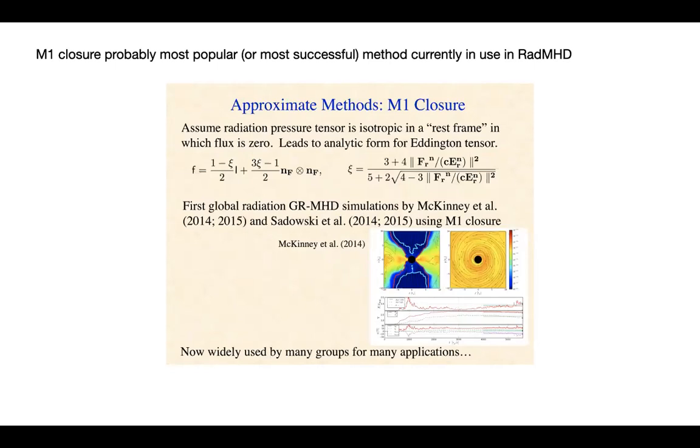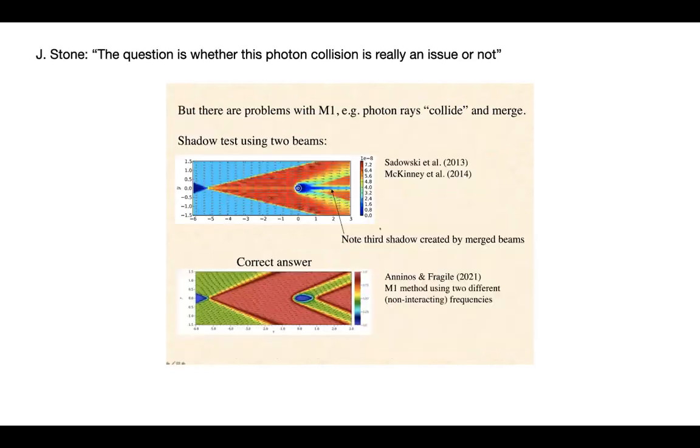The question then becomes whether you get the right answer or not. This is a nice visual example of the ray collision problem, right? Because you're treating these photons as a fluid with vectors, or with moments, I guess.